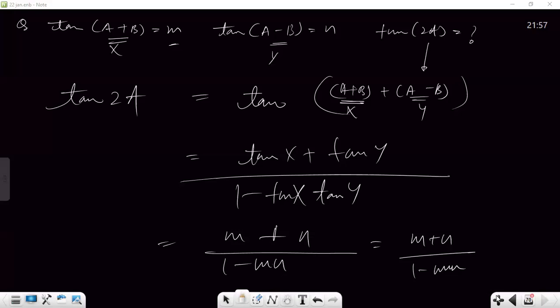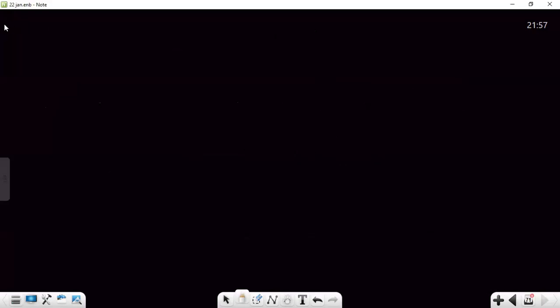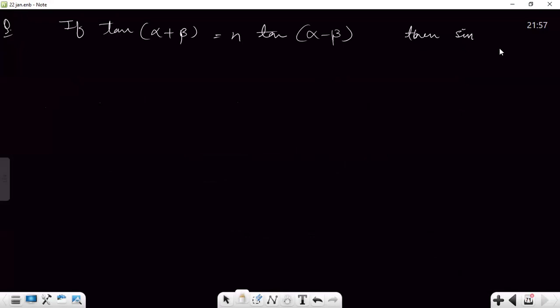Okay, let's now move ahead fast to the next question. I have one more important question to share. If tan of alpha plus beta is given as n into tan of alpha minus beta, then we have to find out sine of 2 alpha divided by sine of 2 beta.